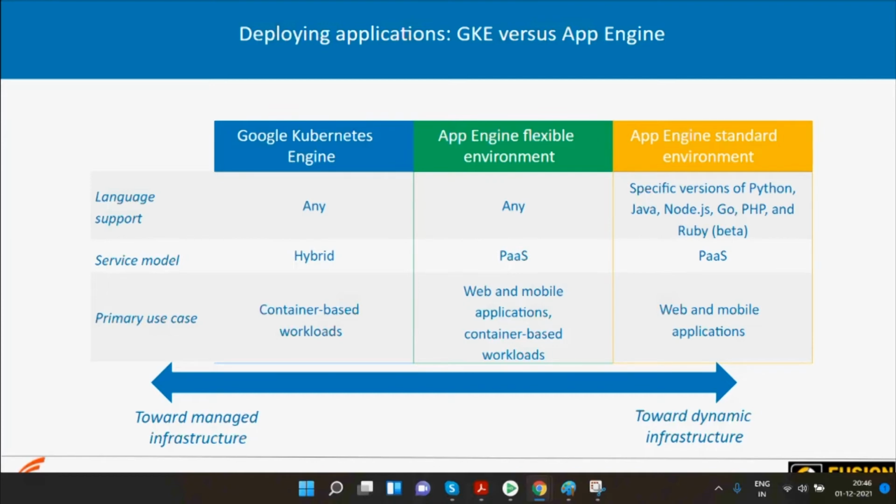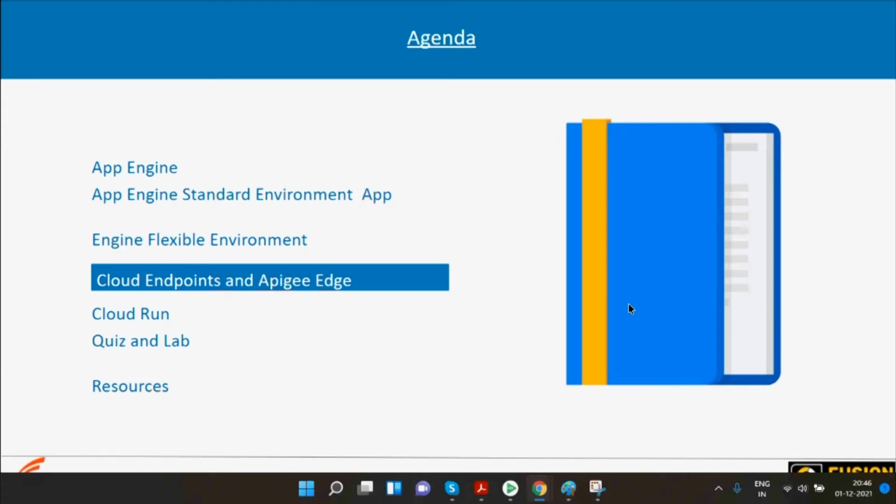Kubernetes Engine gives the application owner the full flexibility of Kubernetes. App Engine Flexible Edition is in between both of these. Also, the App Engine environment treats a container as a means to an end, but in Kubernetes Engine, containers are the fundamental organizing principle.